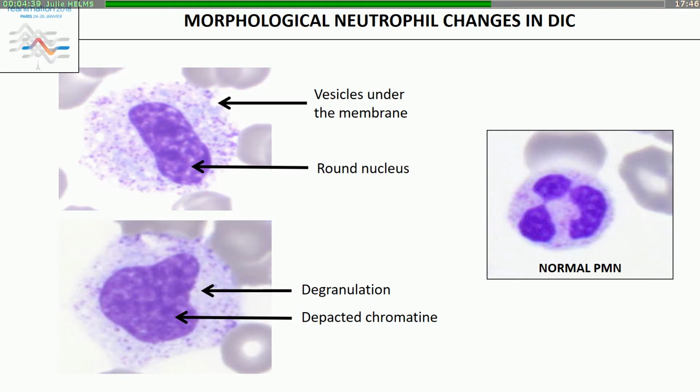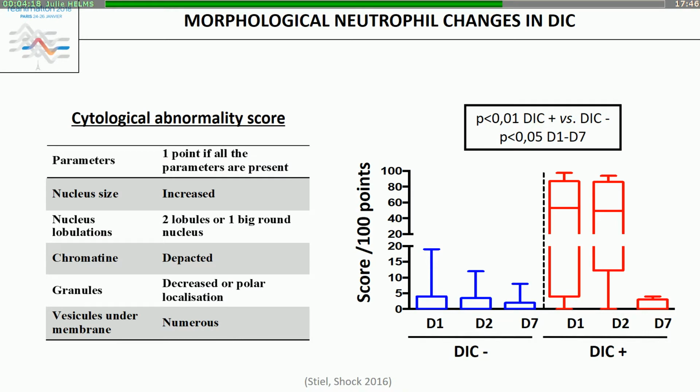What was interesting is that some of our septic shock patients displayed abnormal neutrophils with vesicles under the membrane, with a round nucleus, with a cytoplasm that has degranulated, and with decompacted chromatin. And when we use these morphological abnormalities in a cytological score, we have shown that only DIC patients displayed these abnormal neutrophils.